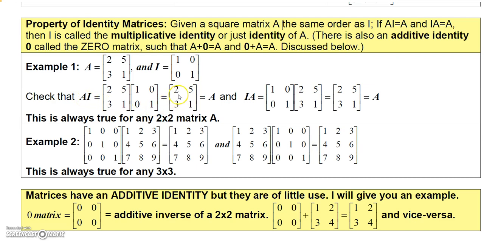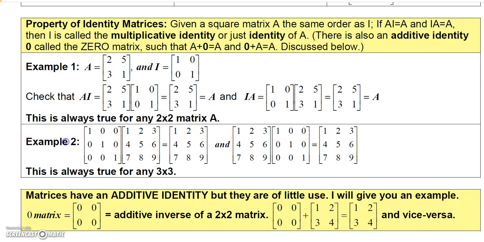So it must return the matrix 2, 5, 3, 1. So in other words, A times I is just going to equal A. And also you can show that I times A, if you reverse it, is also going to equal the matrix A. And this will be true for any 2 by 2 matrix A.